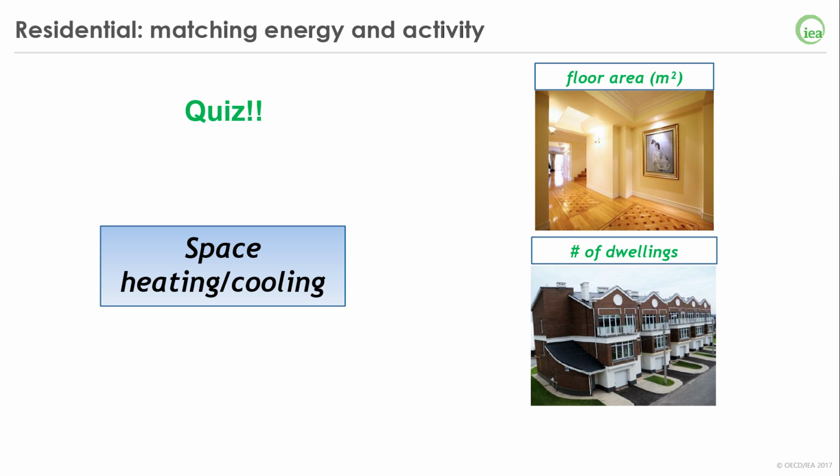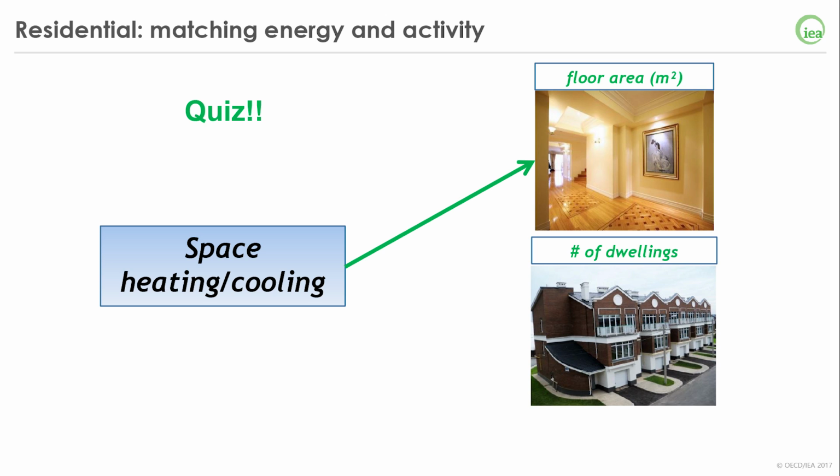And now, a small exercise to revise what we have just seen about energy efficiency indicators for residential sector. On the left side, we have energy consumption for space heating and space cooling. On the right side, two options of the activity data.